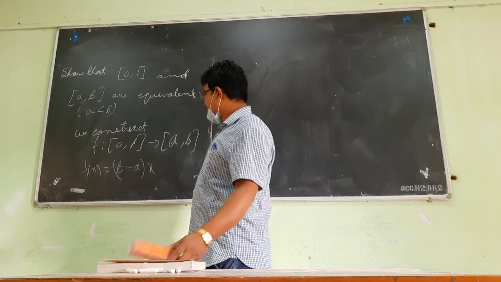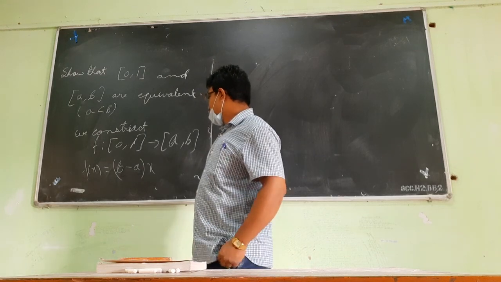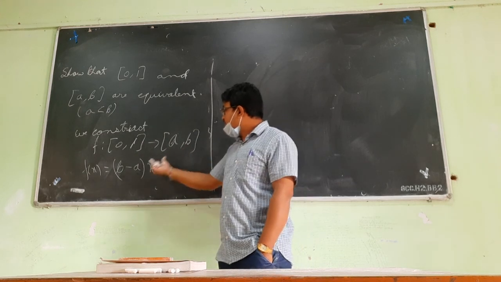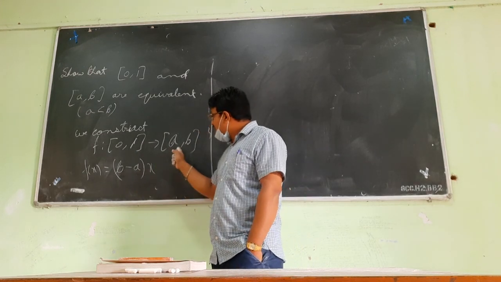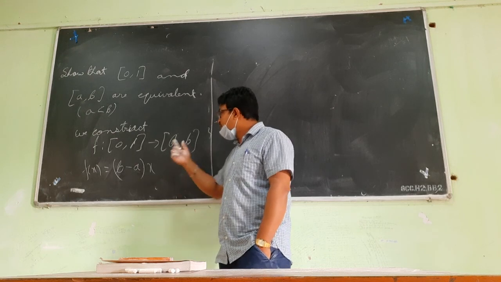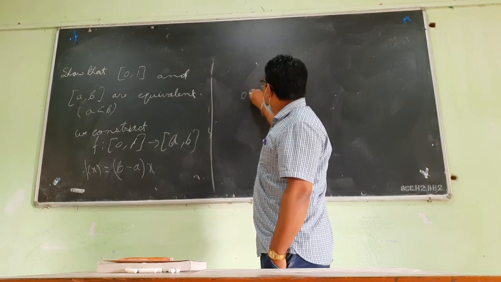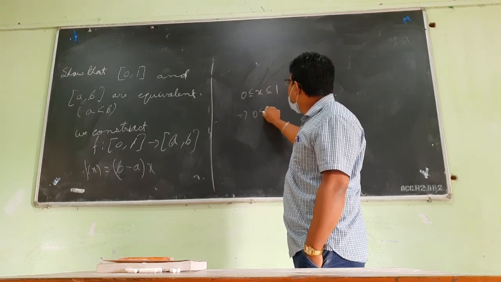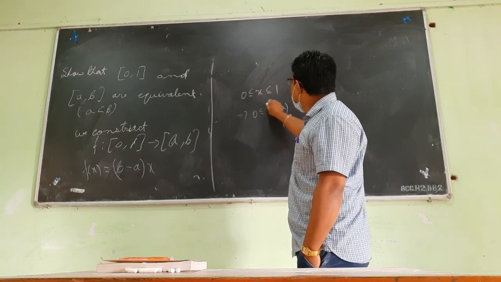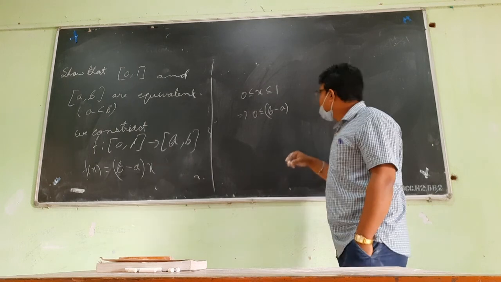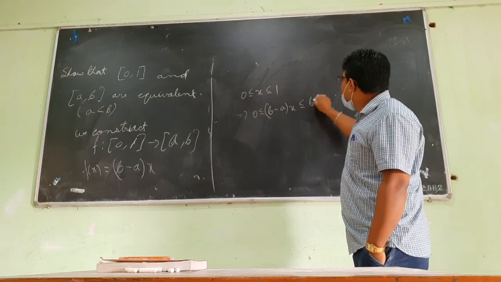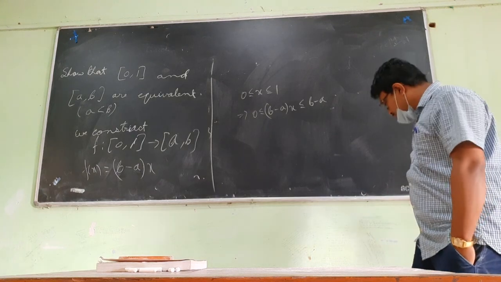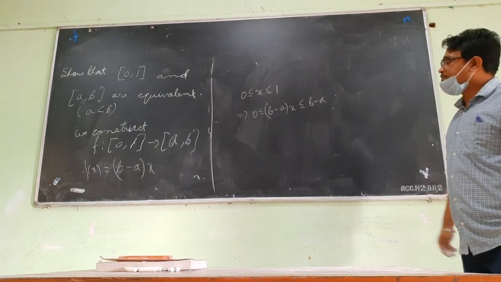So if x is 0, we have to make sure that whatever we have defined here lies in between this. So 0 less than or equal to x less than or equal to 1 implies that 0 is less than or equal to (b minus a) x, which is less than or equal to b minus a. b minus a is positive, no problem. So it lies in between 0 and b minus a.